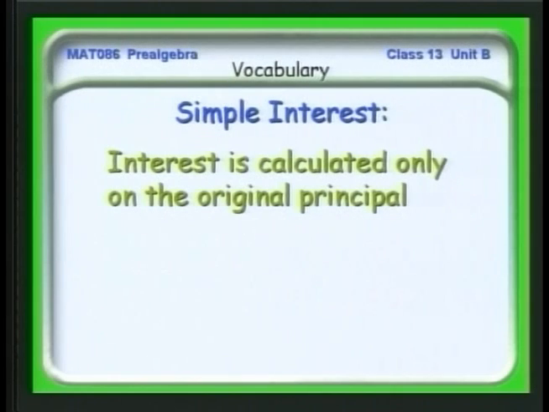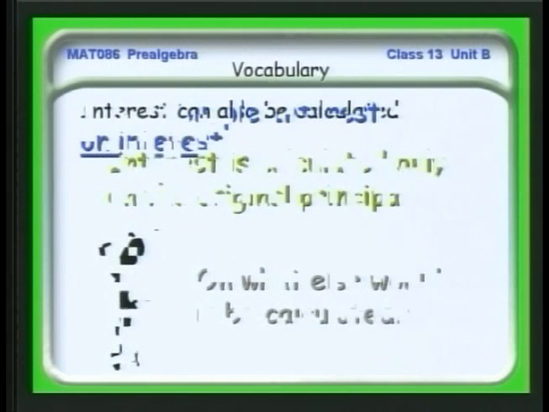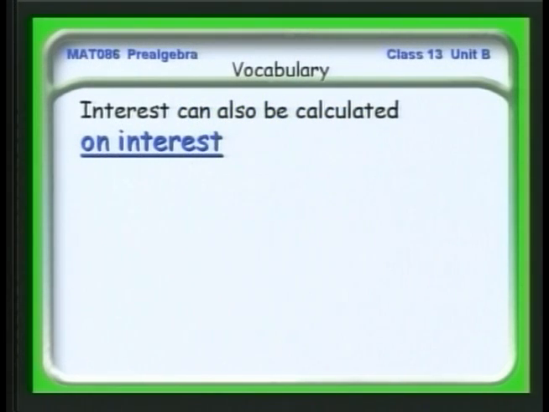Now, simple interest is interest that's calculated only on the original principal. And what that means is that if we think about what else the interest could be calculated on, you can get more complicated, because you can also calculate interest based on interest that may have accumulated in the past.